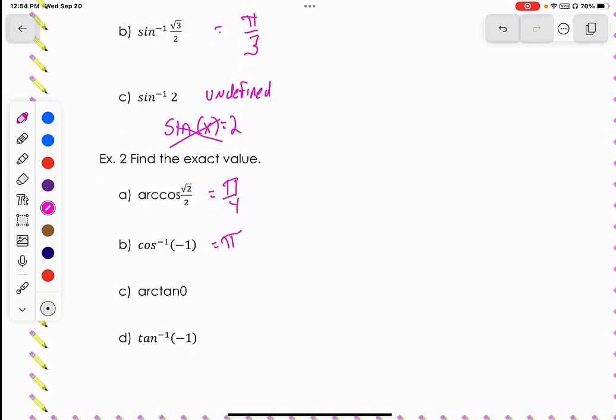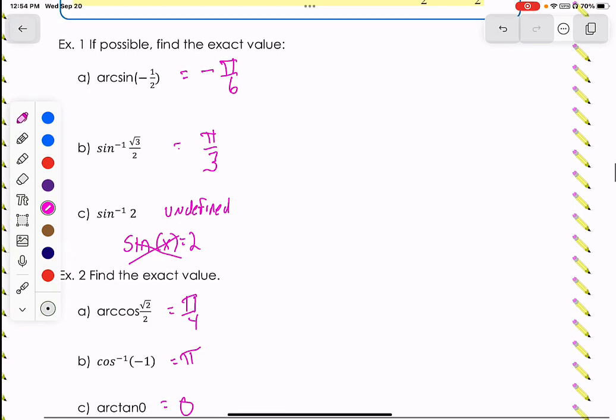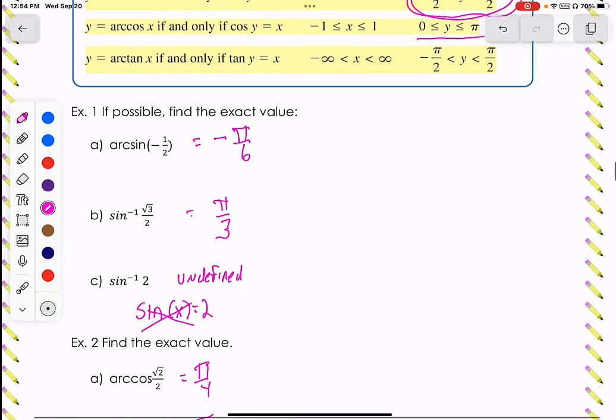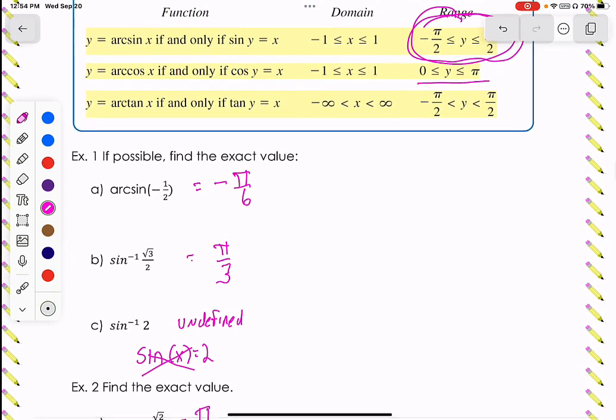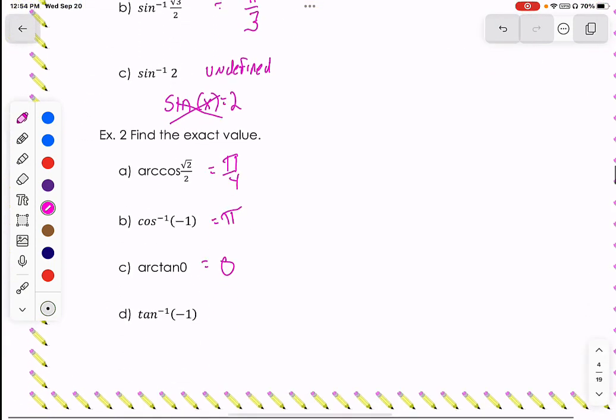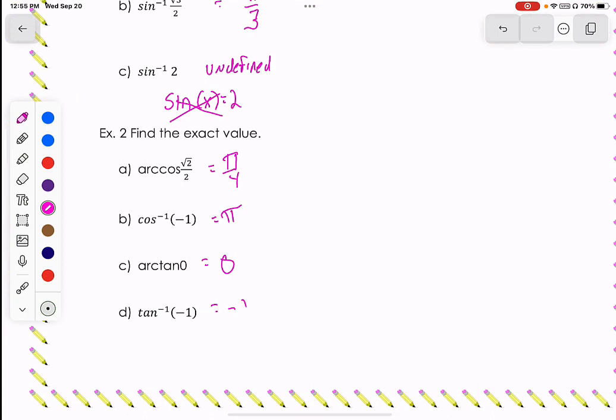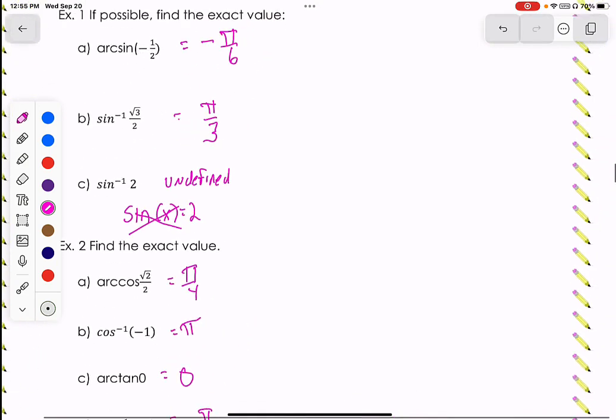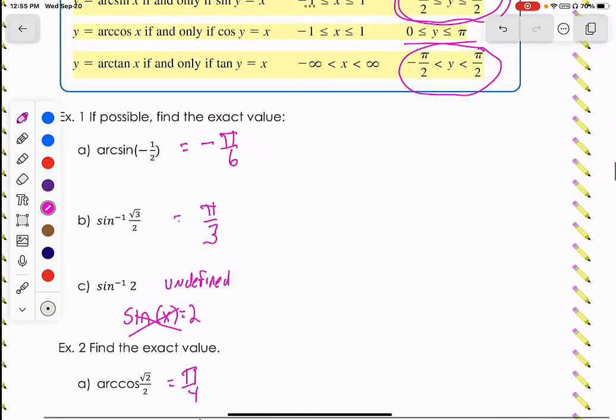Again, very similar. That's going to be 0. And what has a tangent of -1? Well, again, tangent goes between negative pi over 2 and pi over 2, so that must be negative pi over 4. Now you might question, why can't it be 3 pi over 4? Well, it can't be 3 pi over 4 because that is outside of this range.